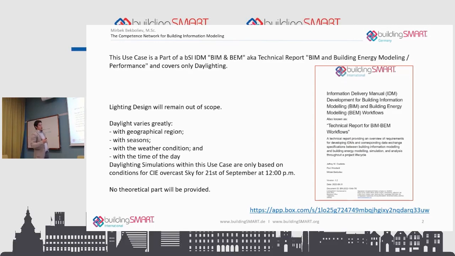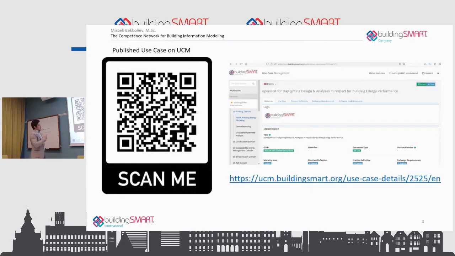Of course, I need to know the geographic location, right? It differs. It's a very small piece of theory that I want to bring you. It depends on the location. Daylight in northern countries is completely different from southern countries. So you have to keep that in mind. In order to run a simulation, you should choose applicable standards plus a specific time. That's what we did in this use case.